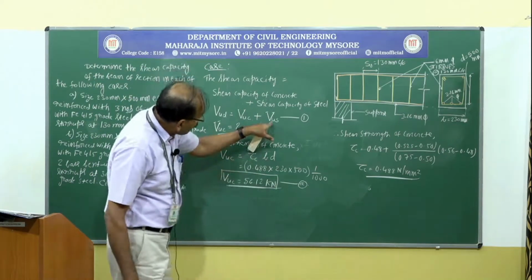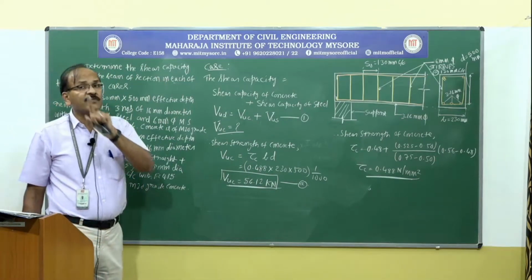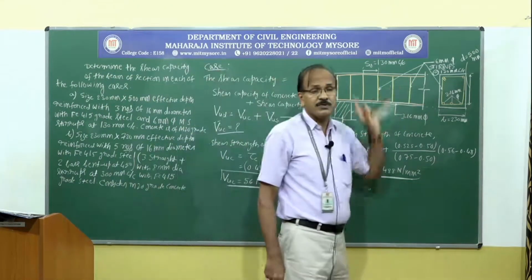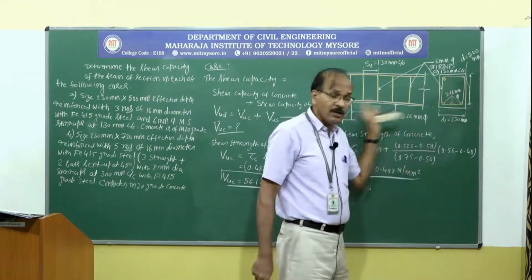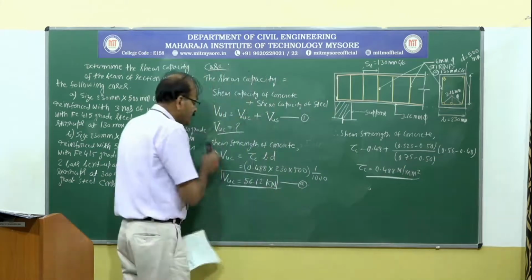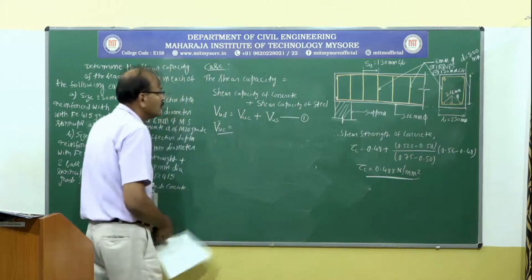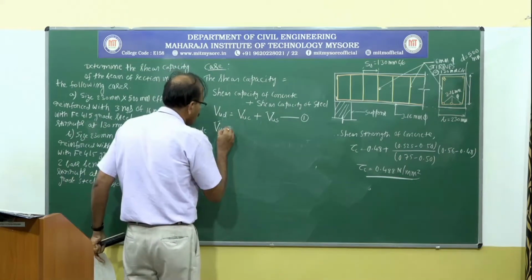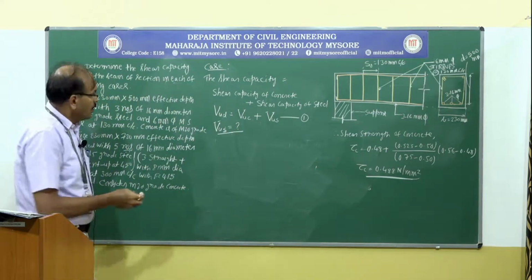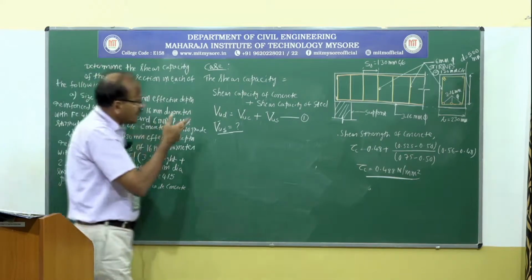The next step is I am going to find out VUS, that is the design shear strength of steel. When I say design shear strength of steel, I am talking about the stirrups, not this tension steel. So, let us go with the next one. VUS equal to what? So, if you look here, what kind of stirrups we are providing?